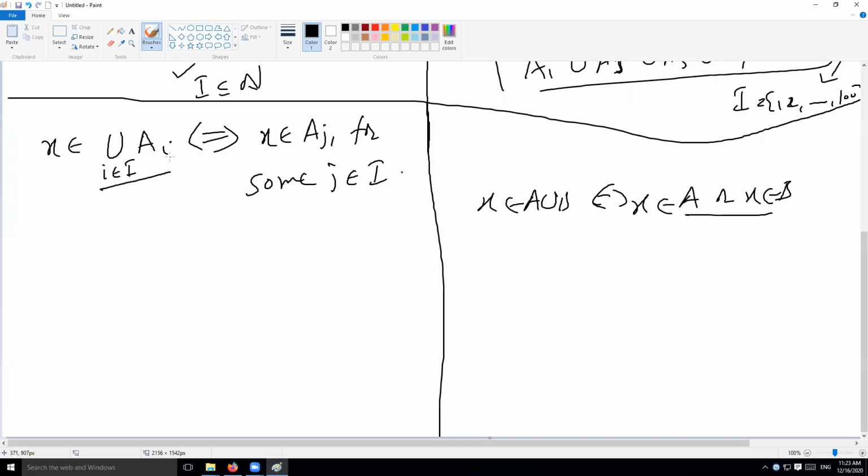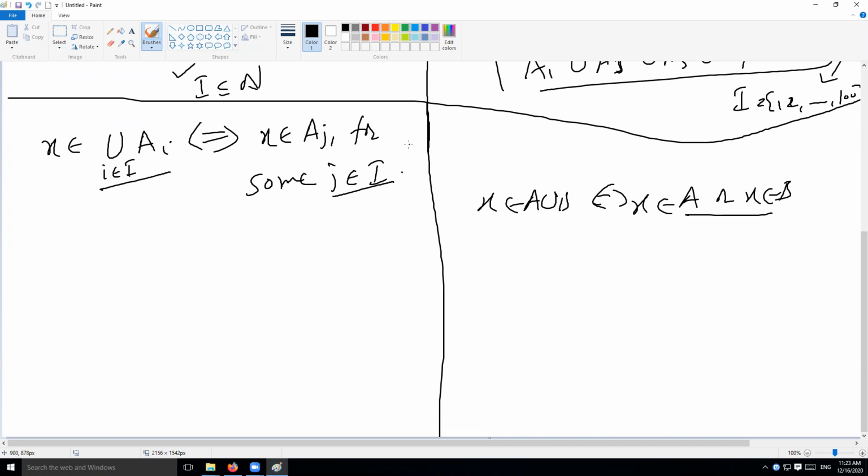I'm not using the same notation i here, because you shouldn't confuse this i with the I here. So I'm going to say that x belongs to some A_j for some j belongs to I. In other words, there is at least one index in the set I for which x is in A_j.